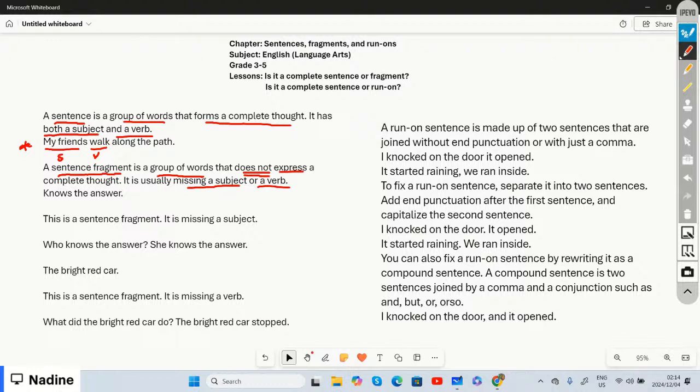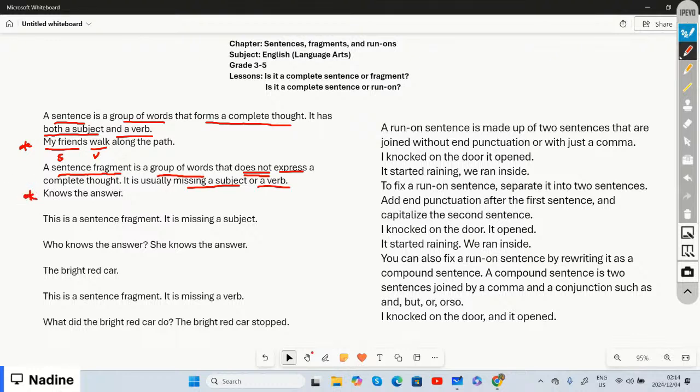And if we look at an example of a fragment, we say, knows the answer.